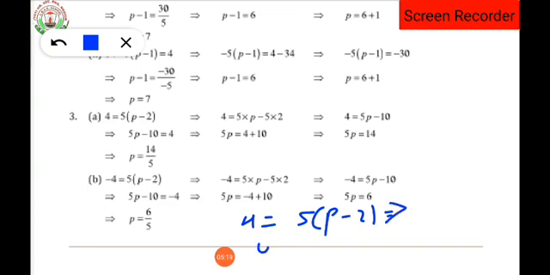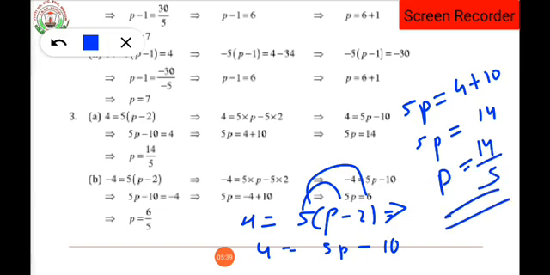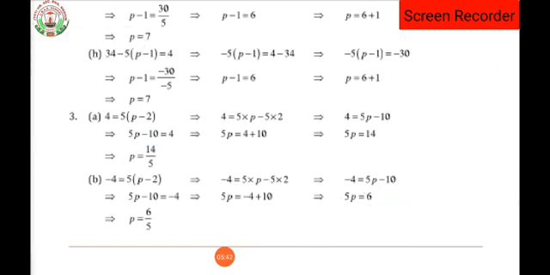Now here 5 will multiply inside the bracket, so it becomes 5p minus 10. So 5p equals, transposing it becomes plus, so 4 plus 10 will be 14. So 5p equals 14. Now p equals 14 divided by 5, which is the required answer for question number 3, A part. Clear? Now next, B part of the question, what do we have?